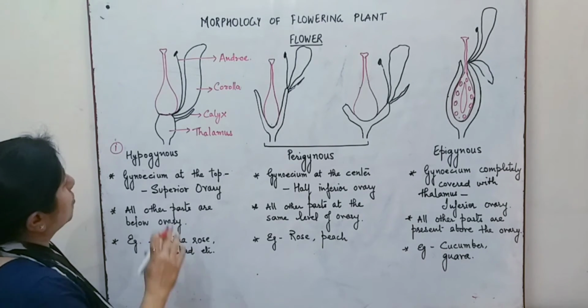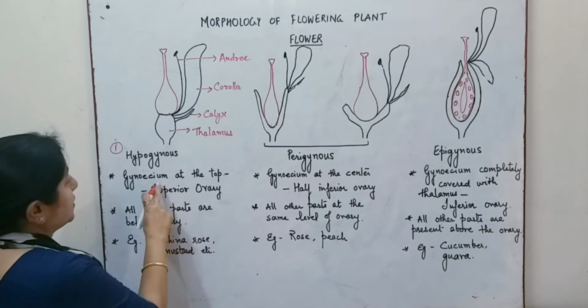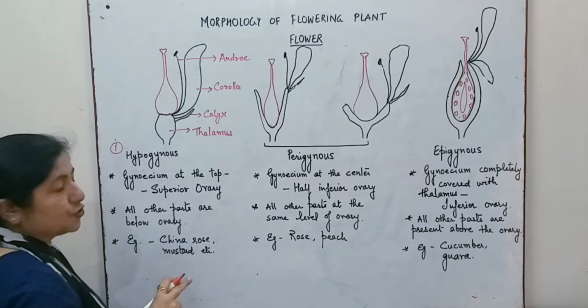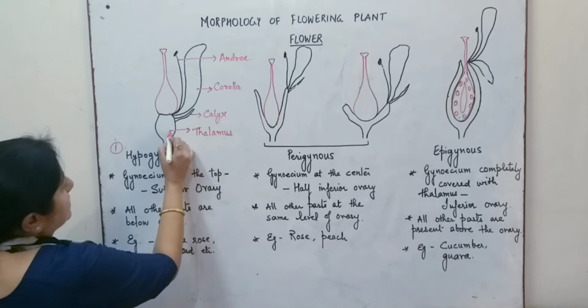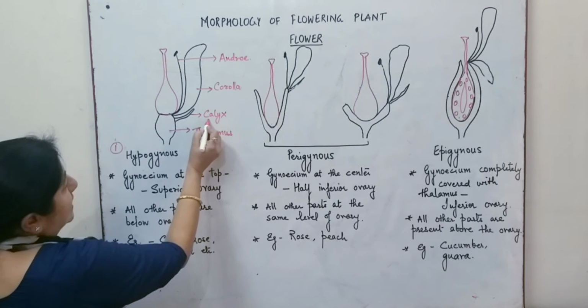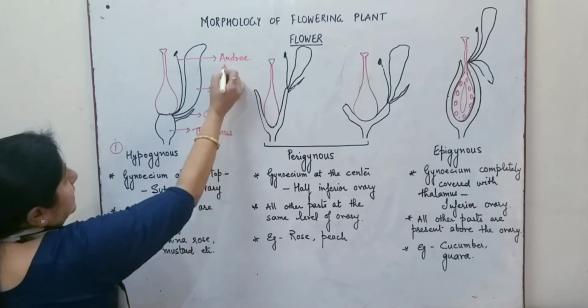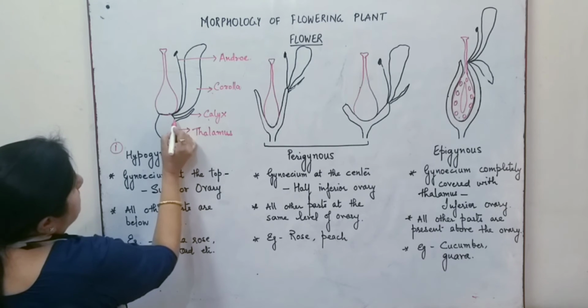As you can see over here, the gynoecium will be at the top and all the floral parts, that is the thalamus, the calyx, the corolla and the androecium are present below the ovary.